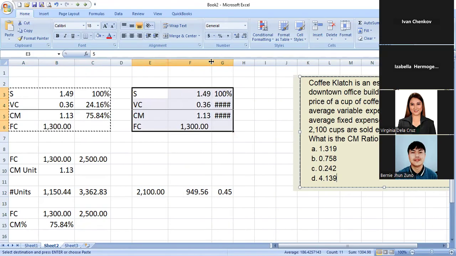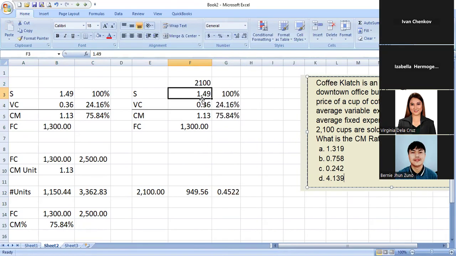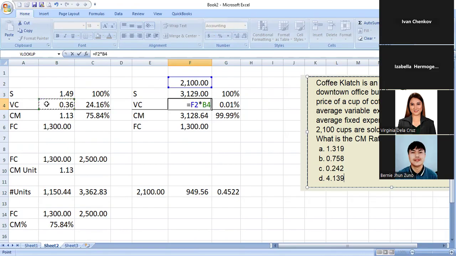Let's change it so that we're selling 2,100 units. If we do that, our sales are going to be equal to this one times that one. Then our variable cost will be 2,100 times 0.36.